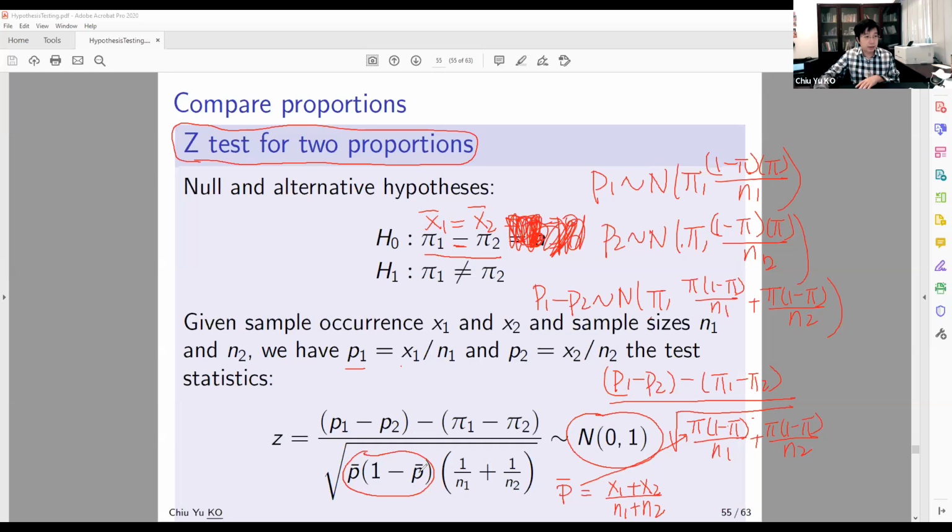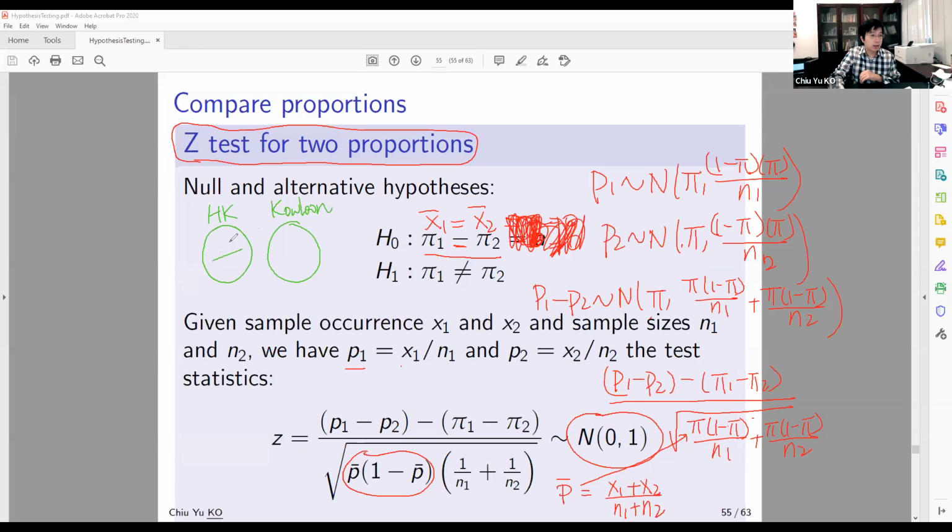The idea is like this. Why do you want to test this? Go back to the original question. Suppose you have a bunch of consumers from Hong Kong Island and others from Kowloon, and you focus on the proportion of people who like spicy food.